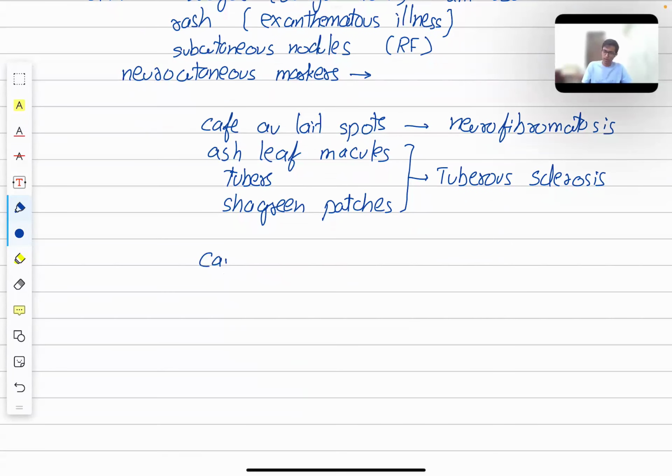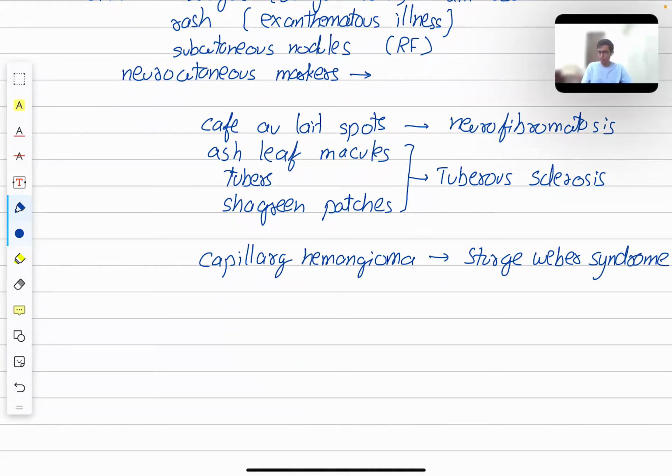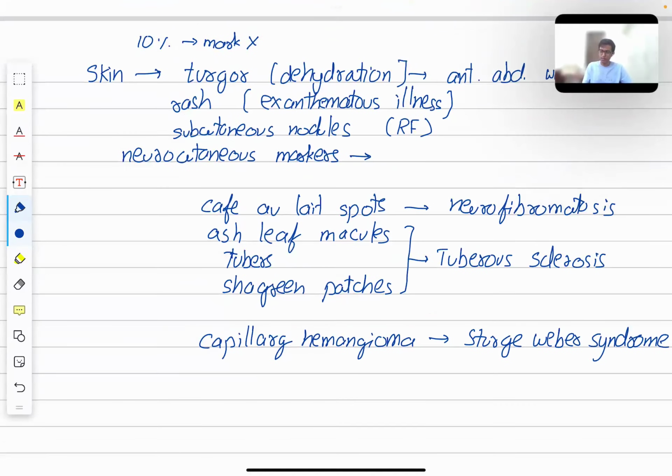Then we have capillary hemangioma seen in Sturge-Weber syndrome. There's a long list given in the textbook, but I think these many should be enough.